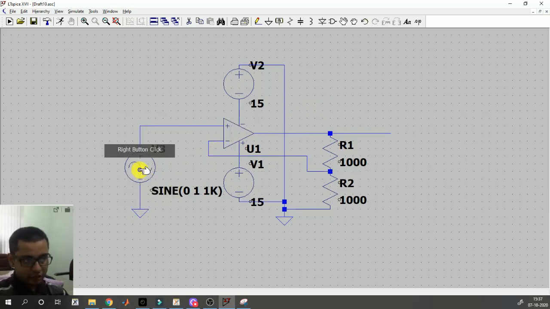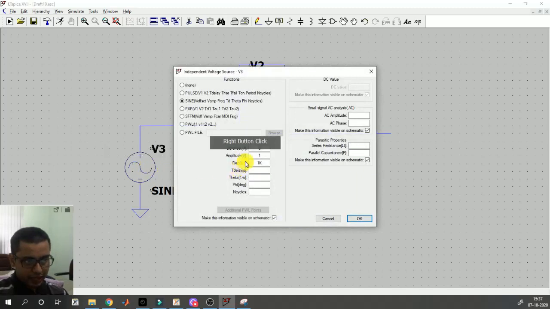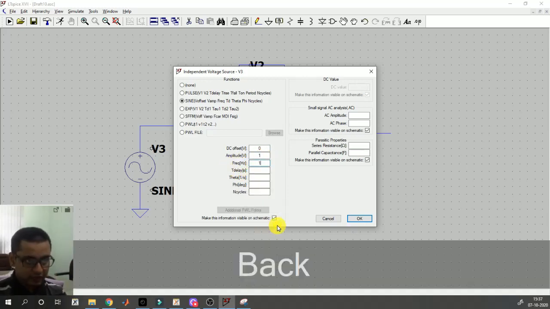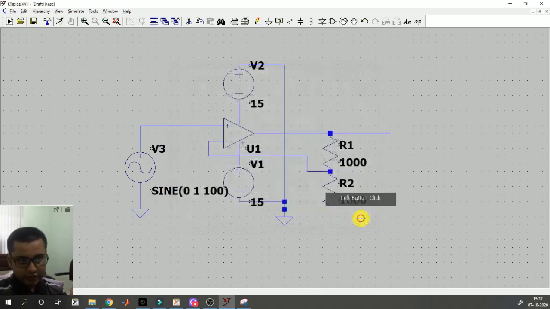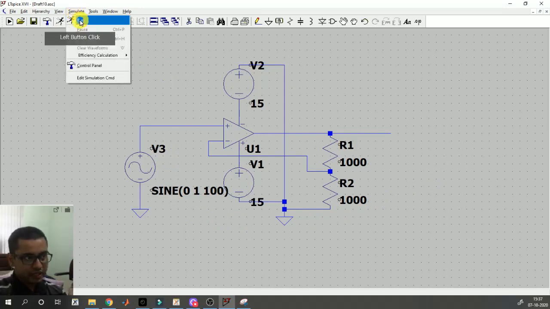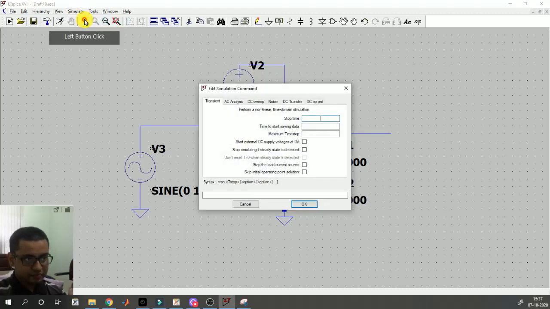Then right click on the source and let me set this amplitude to 1 volt, frequency whatever you like, maybe 100 hertz, etc. Okay, and my circuit is ready. Now let me run it. I will go to simulate and select run.